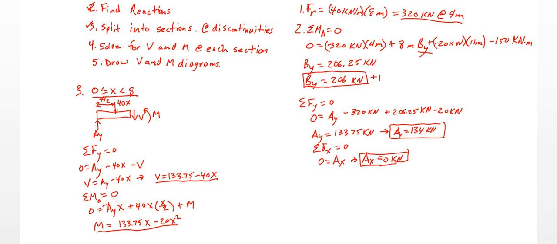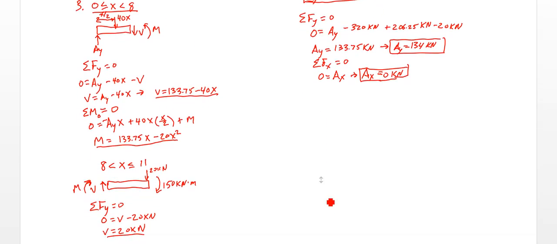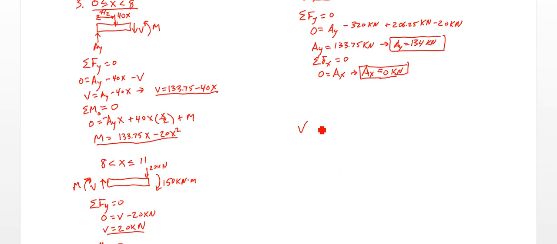So we've got step 4 done. We split it in parts, solved that. Now we're going to draw our diagrams. So our V diagram, let's find where we cross our x-axis. So I'm going to set this equal to 0.